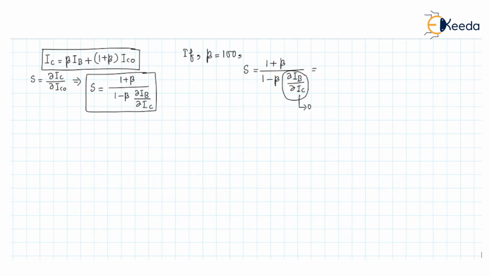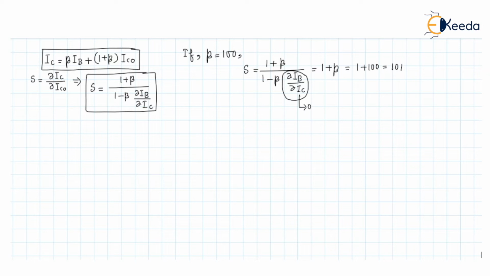So it will be 1 plus beta, that is 1 plus 100, and this is 101. So the stability factor is 101, which is a very high value.